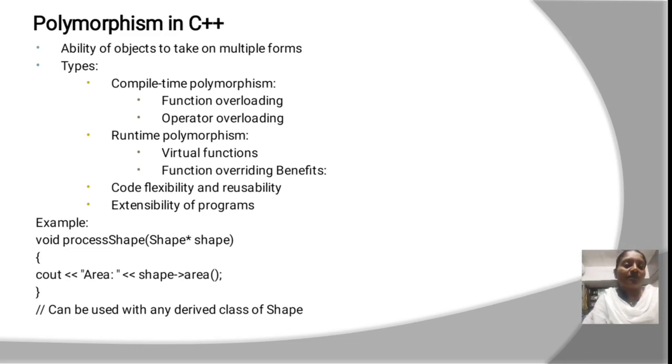Benefits: code flexibility and reusability, extensibility of programs. For example, void processShape of Shape asterisk shape, cout, we declare the area shape arrow area. Here we use polymorphism through the void processShape function.